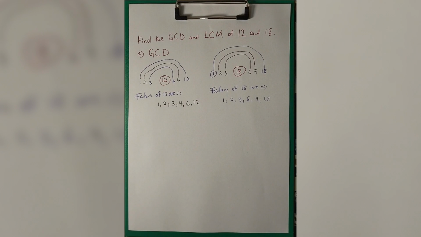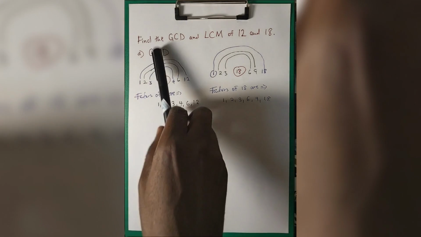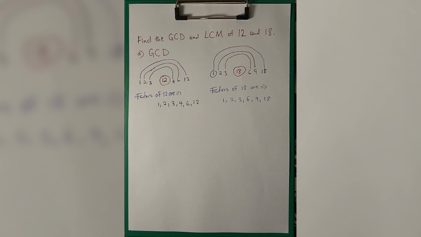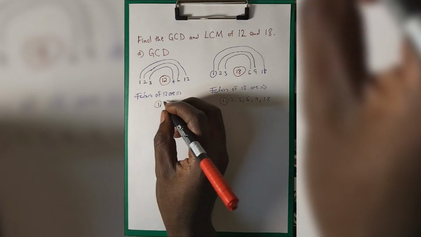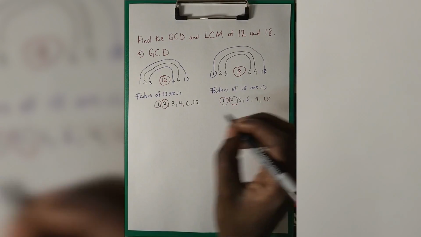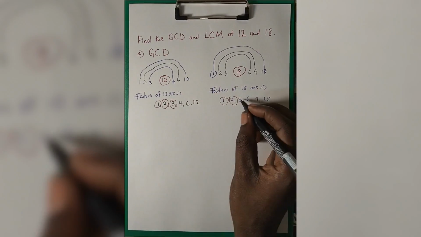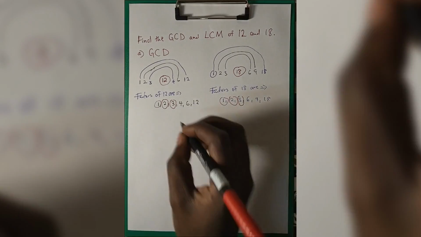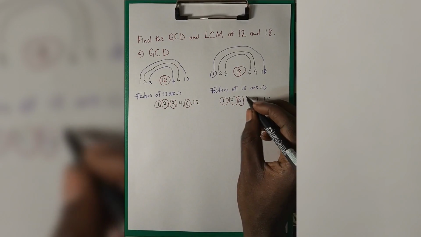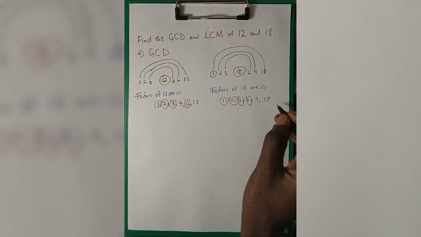Now from these factors, let's find the common ones. The common ones will be: 1 is here, 1 is here, 2 is here, 2 is here, 3 is here, 3 is here, 4 is not here, so it's not common. 6 is here, 6 is here, 12 is here, 12 is not here.